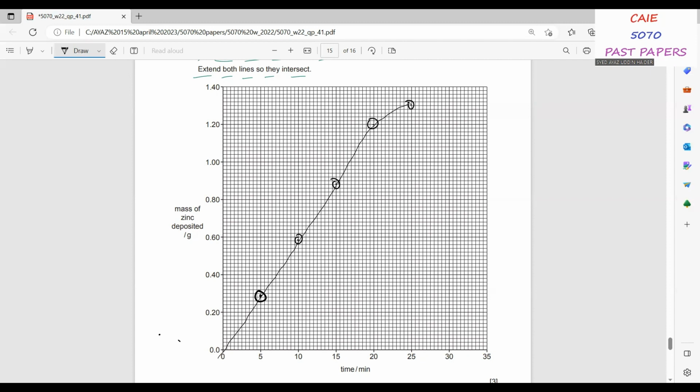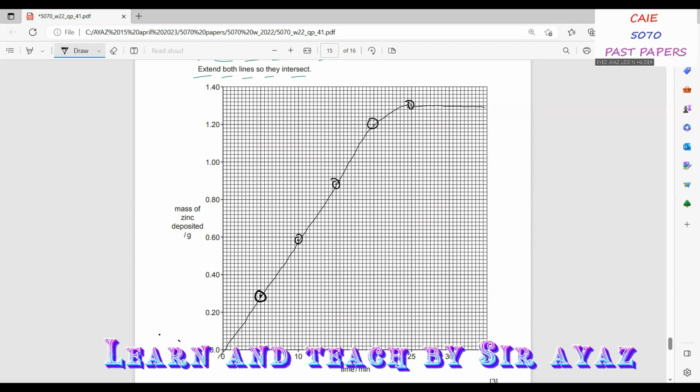This will be the final graph. And after this, the graph becomes horizontal.